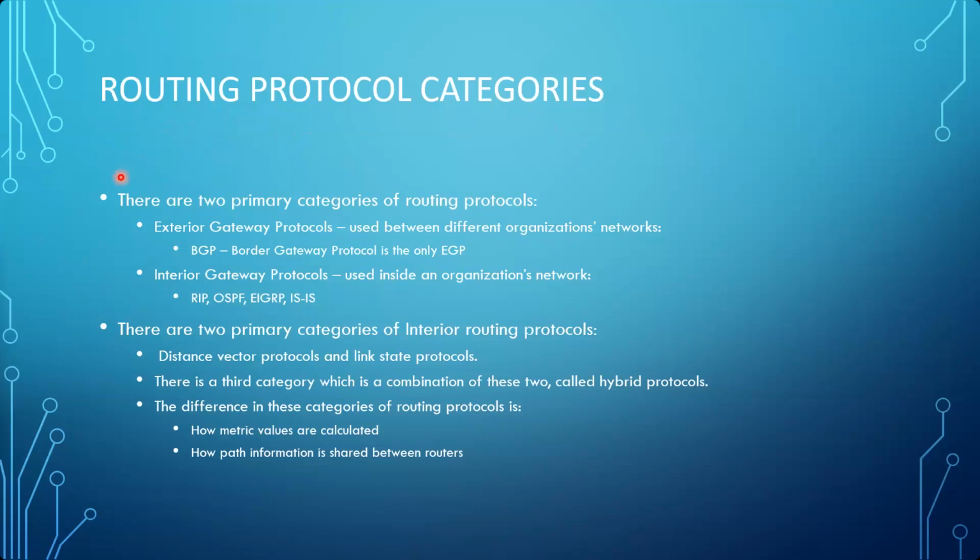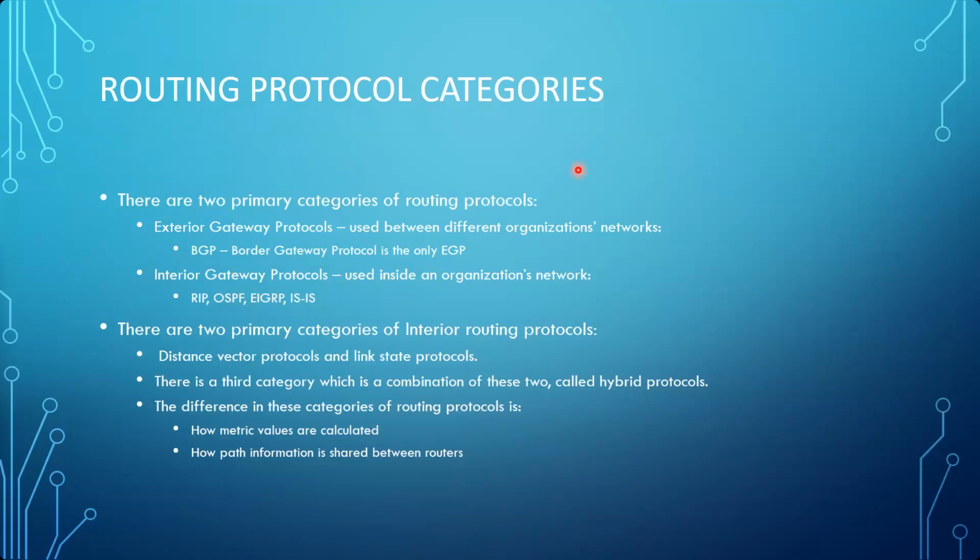There are 2 primary categories to start out with, and they are exterior gateway protocols, meaning routing protocols that happen between 2 different entities, like, well, you and your service provider. Your home network and your service provider can be using exterior gateway protocols. Most of the time, it's not. Because your system is going to accept an IP address from your service provider, it's not going to be exterior.